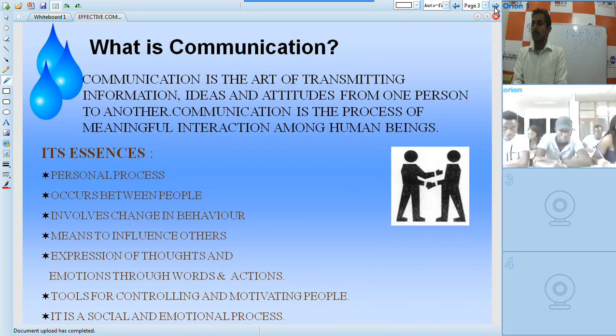It also involves changing behaviors from individual to individual. In communication, you need to express your thoughts, emotions, words, and actions to others. This is also known as a tool for controlling and motivating people.